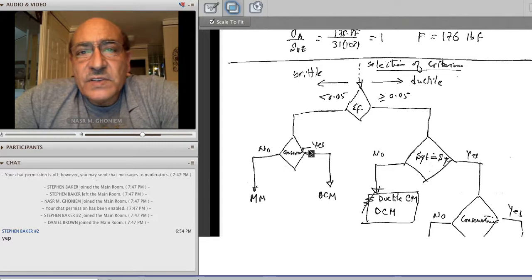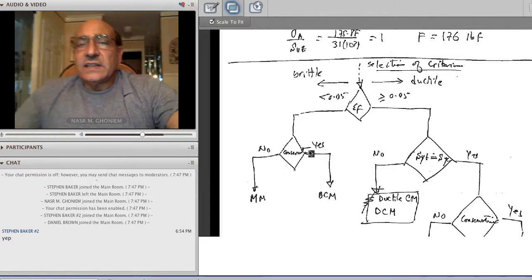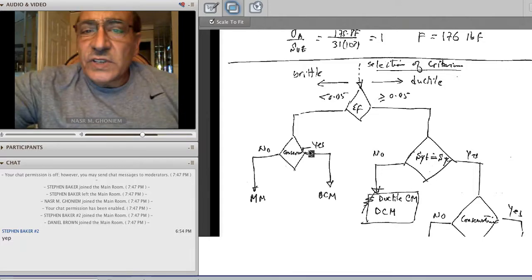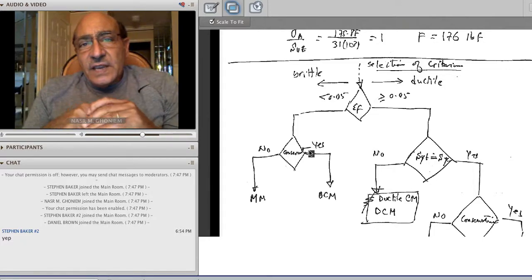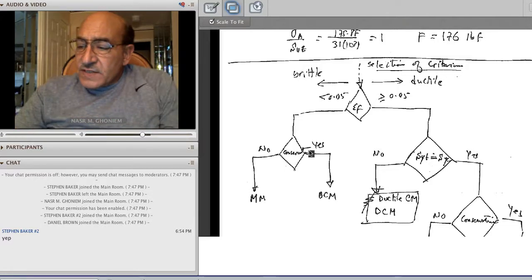So that's the decision about it. So if I'm doing, let's say, programming, or I'm doing general design, then I have to look at the database for the material and then find the strain at failure. Epsilon sub F is the strain at failure, epsilon F.